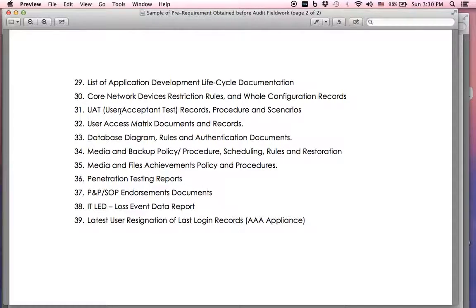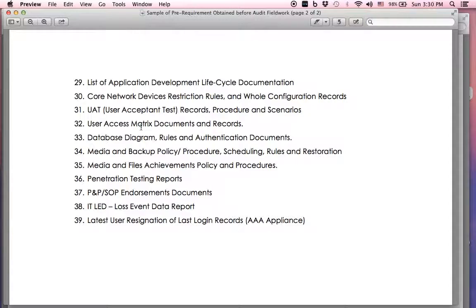This is very important. And number 32, user access matrix document and record. This is very important related to access management. The user access matrix document can map every access, every privilege on the system, for every application.